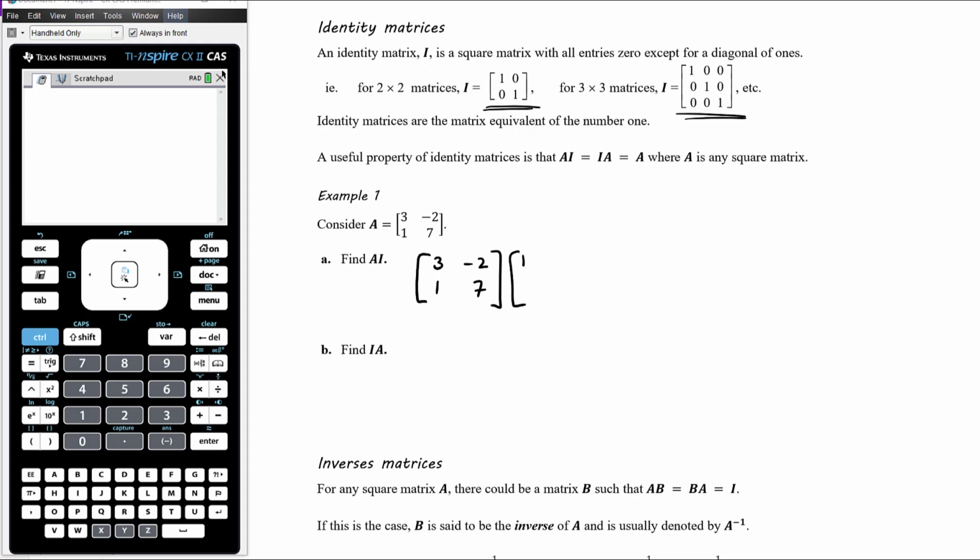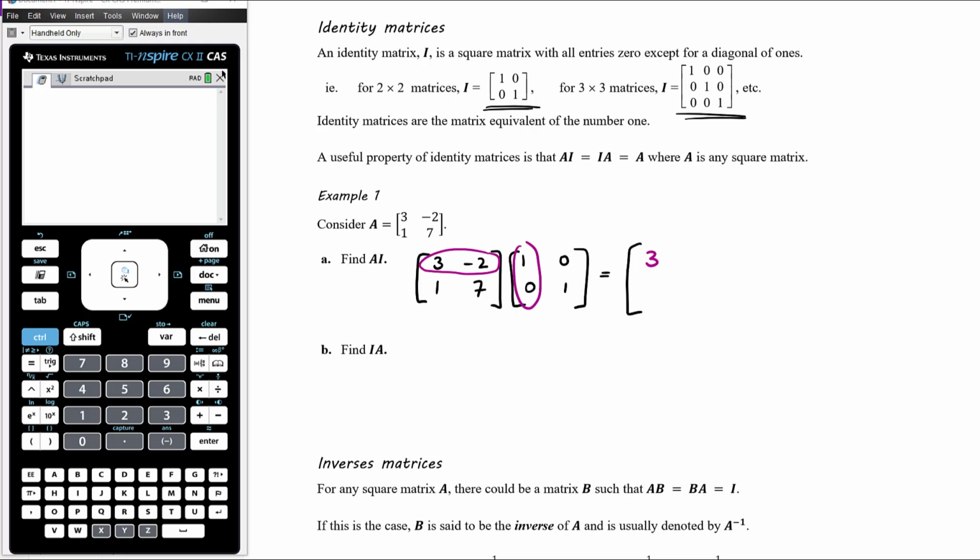So that is 1, 0, 0, 1. Okay, and again, let's think about how matrix multiplication happens. So we know row times column. So top row times left column will go in the top left, and when we multiply the row by the column, we do 3 times 1, which is 3, plus negative 2 times 0, which is 0. So we're just going to get 3.